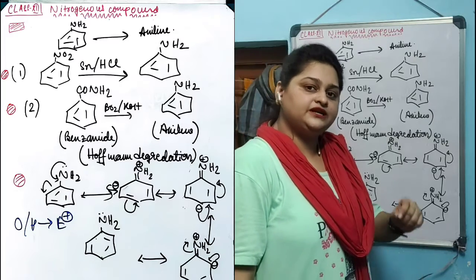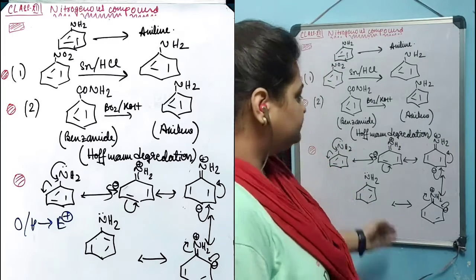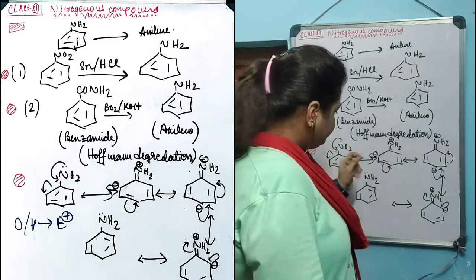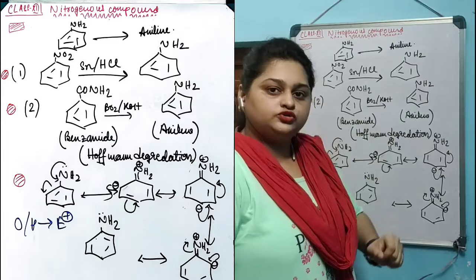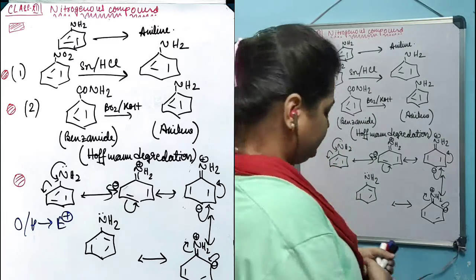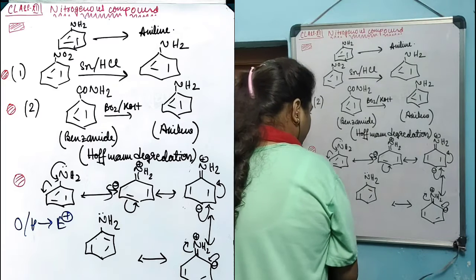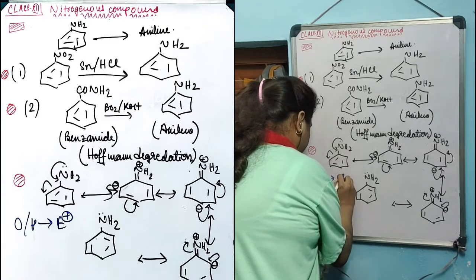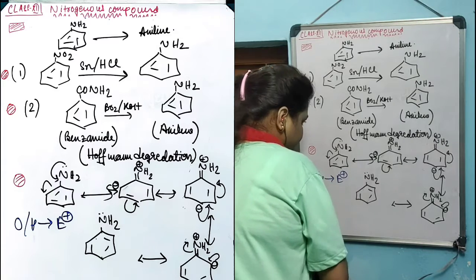As a result, when an electrophile attacks aniline, it preferentially attacks the ortho and para positions. As a result, aniline becomes ortho-para oriented with respect to an electrophile.